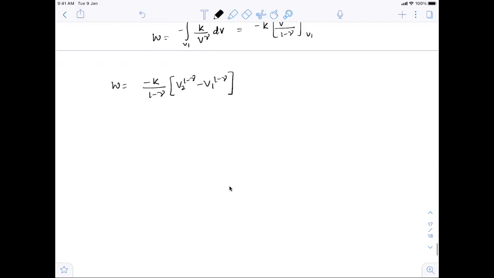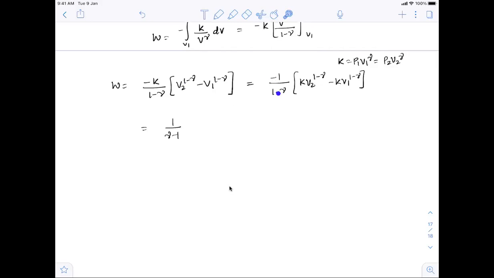Right. So once you get this, now I can put this K value as P1 V1 power gamma or P2 V2 power gamma, depending upon the need. Let me push this K inside. So what do I get? 1 minus gamma into K V2 power 1 minus gamma minus K V1 power 1 minus gamma, which is equal to 1 by gamma minus 1.